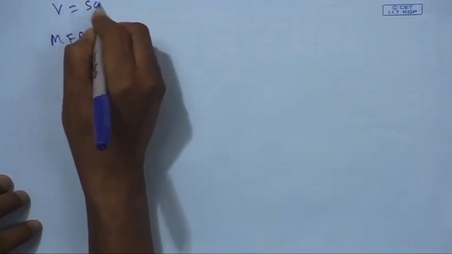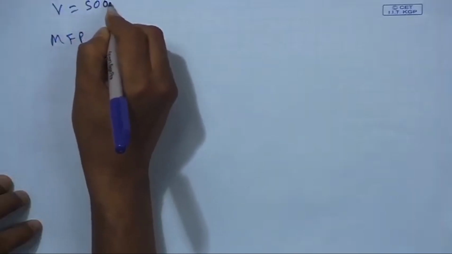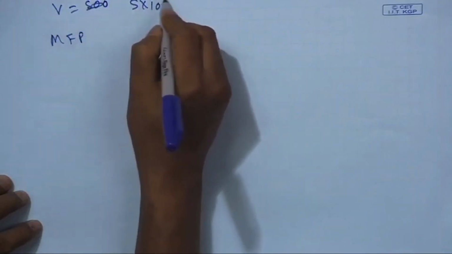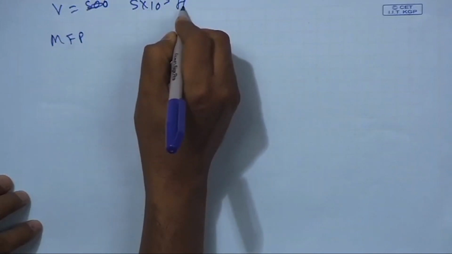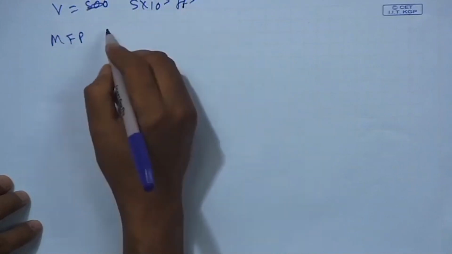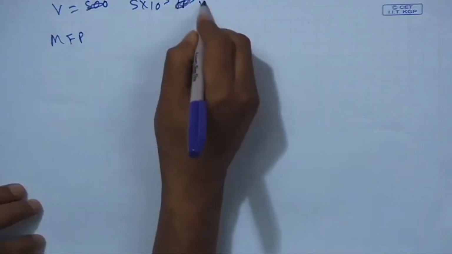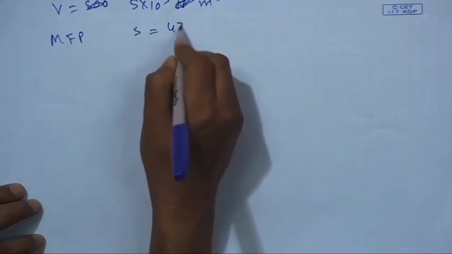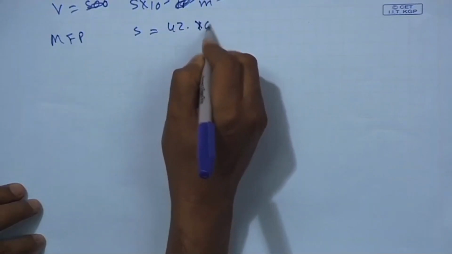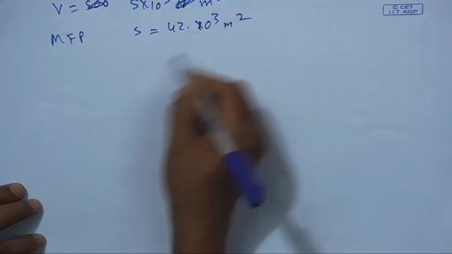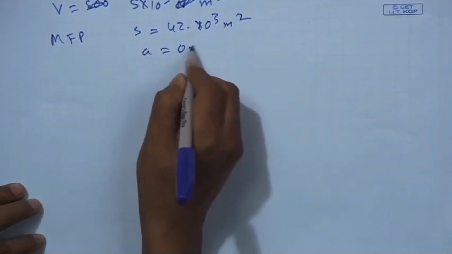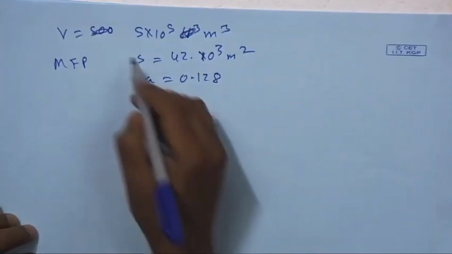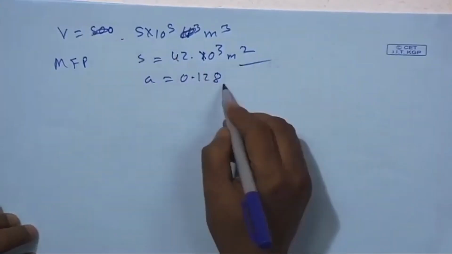V is equal to 5 into 10 to the power 5 cubic feet, let us say in cubic meters, and S is equal to 42 into 10 to the power 3 square meters, and a is equal to 0.128. Okay. So, V is given, S is given, a is given.